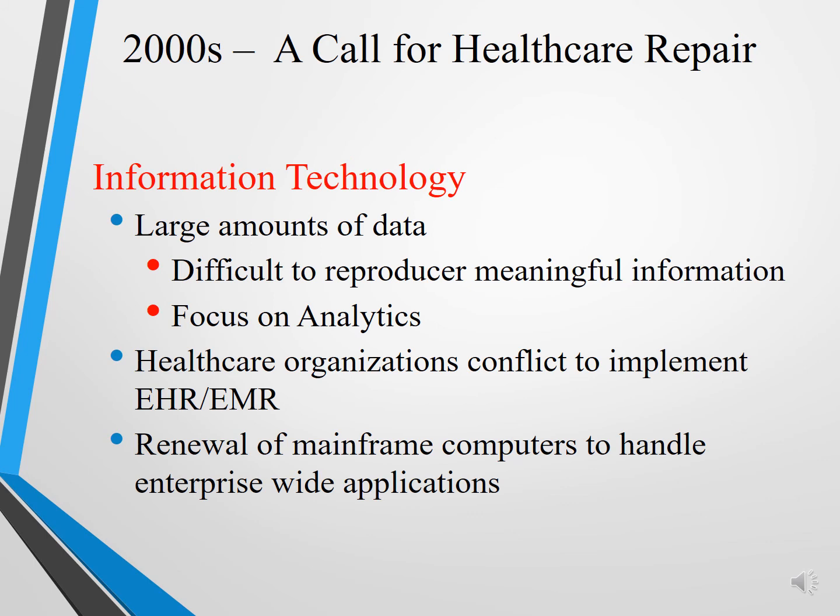So a major focus of this decade became analytics, which embodies the ability to extract and analyze data so it becomes meaningful. This decade also saw a resurgence of big iron as mainframes, which never really went away despite rumors to the contrary, reestablished their prominence in domains focused on large-scale enterprise-wide applications such as enterprise resource planning and human resource information management, just to name a few.